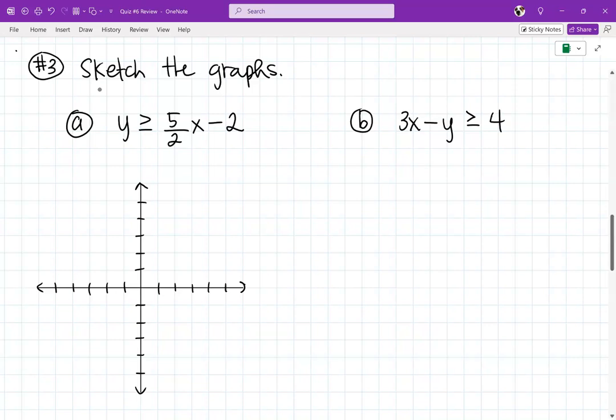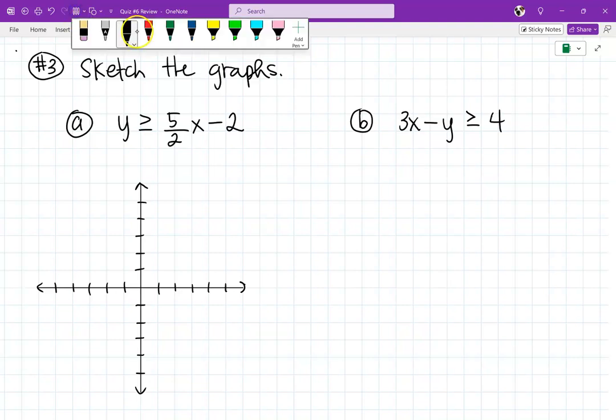I made it a 5 by 5. And since it's already solved, I can do my 2 main dots. Remember, this was a 4-step problem. Number 1, solve for y. It's already done. Number 2, plot your y-intercept and your slope.